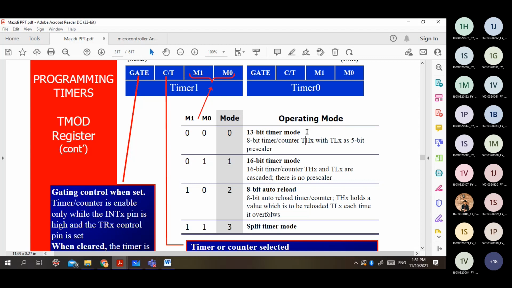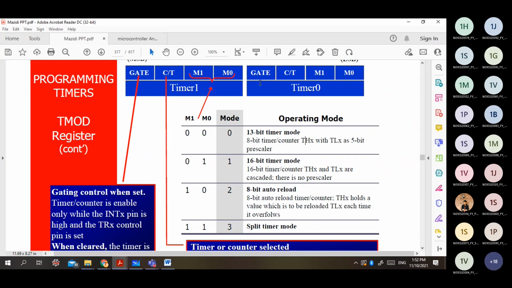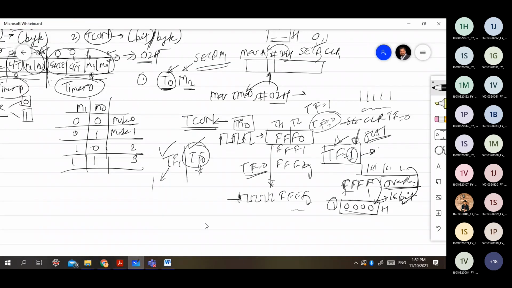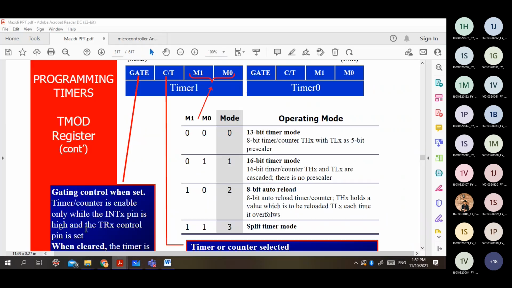I just want to edit over here only, but how do I do it? The pen is not allowing it. Okay, let me just copy paste this, guys. Yeah, now it will.